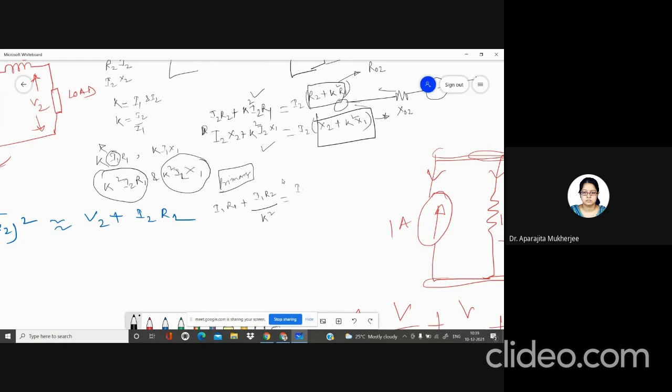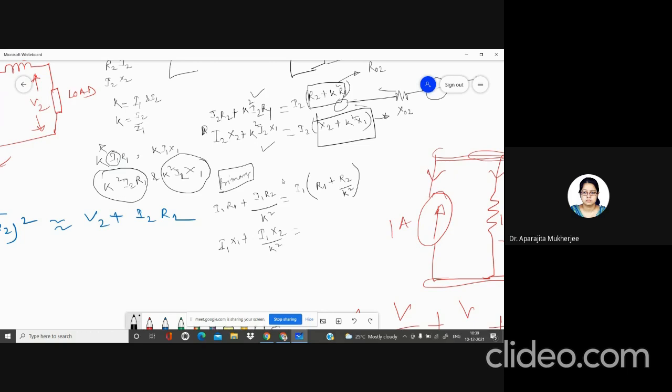And if we take common I1, we can write R1 plus R2 by k square. This is the total resistive drop in the transformer, that is referred to primary. And for reactive drop, it will be I1 X1 plus I1 X2 by k square.